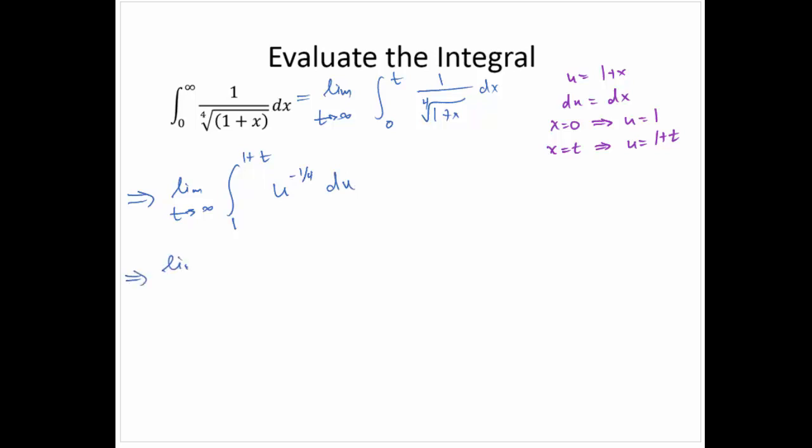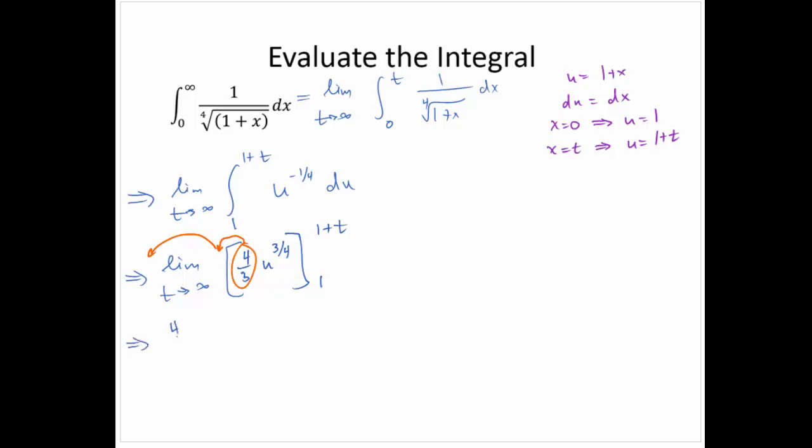So then this is the limit as t approaches infinity of 4/3 u to the 3/4 from 1 to 1 plus t. Again, I can bring this 4/3 outside the evaluation and outside the limit.